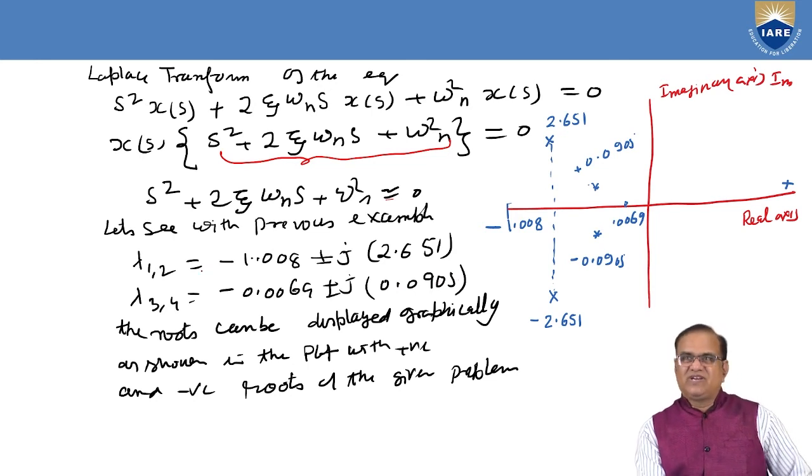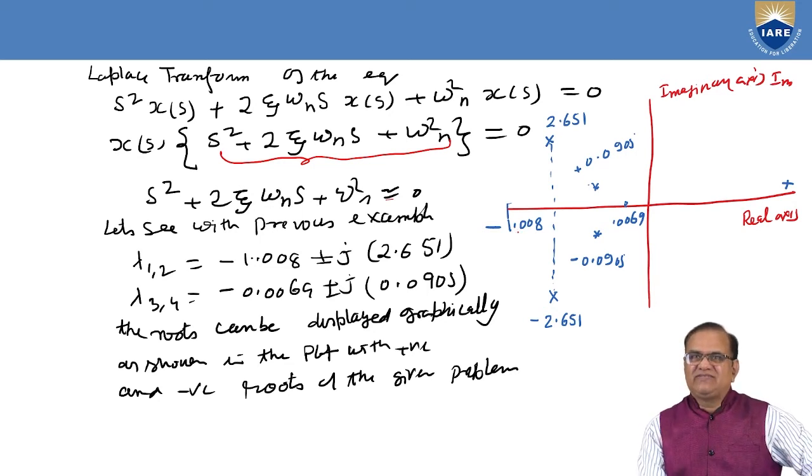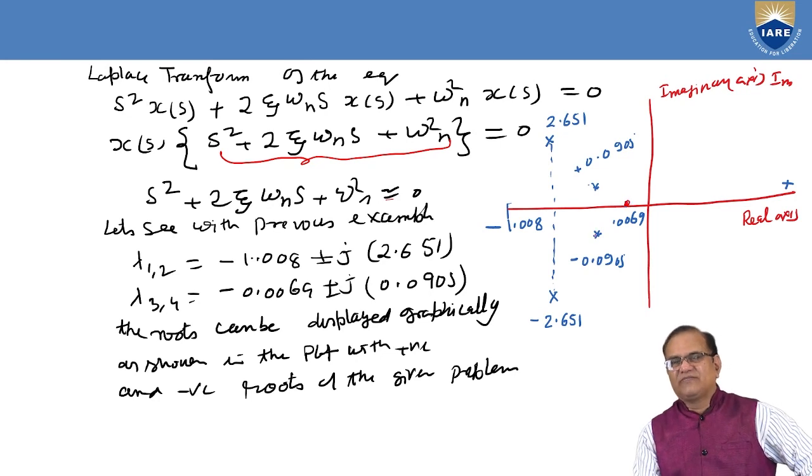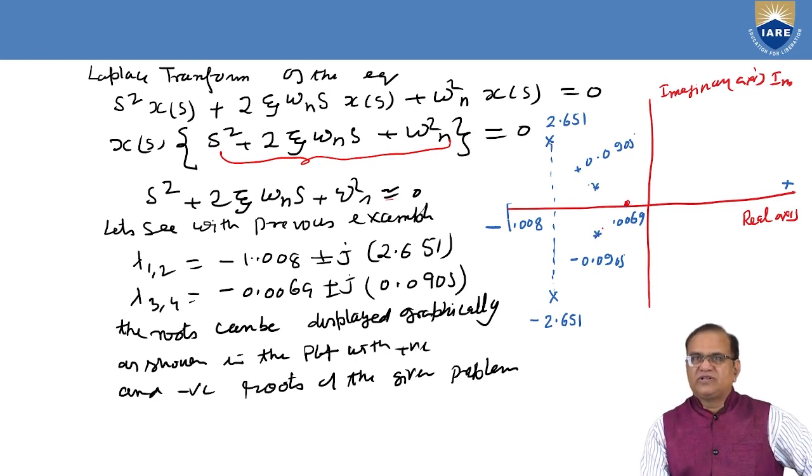If you plot these, you can see that this is on the minus side at 1.008. And here this is also minus, but it is 0.0069, very small. It is here only. And this one is at 2.651 plus and 2.651 minus.